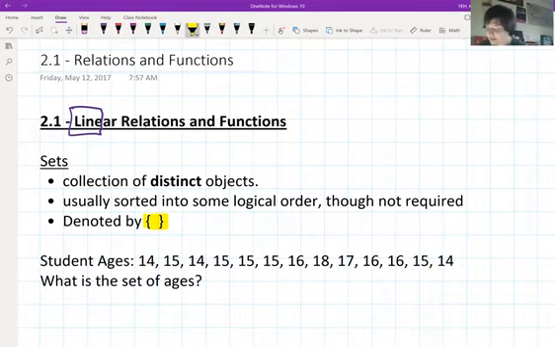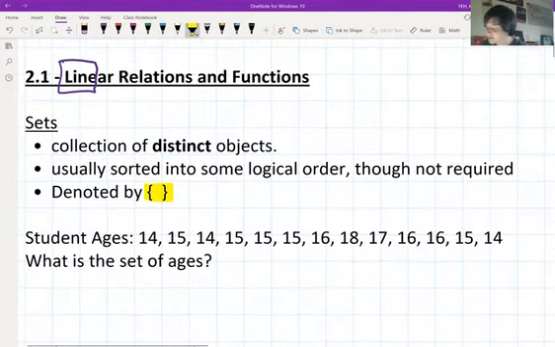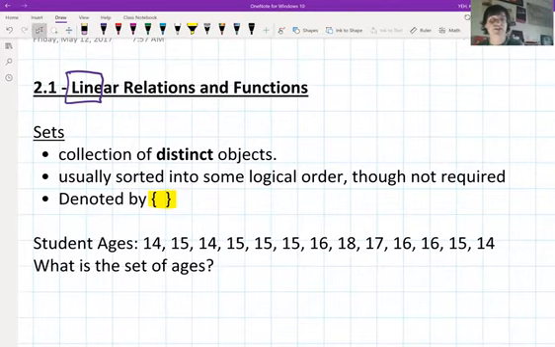For example, if we have a bunch of student ages here, these look like students who are maybe in a high school, and I wanted to write a set, I could do so like this. I could say S, maybe for students. I can call it whatever I want. Sets are usually denoted with capital letters.